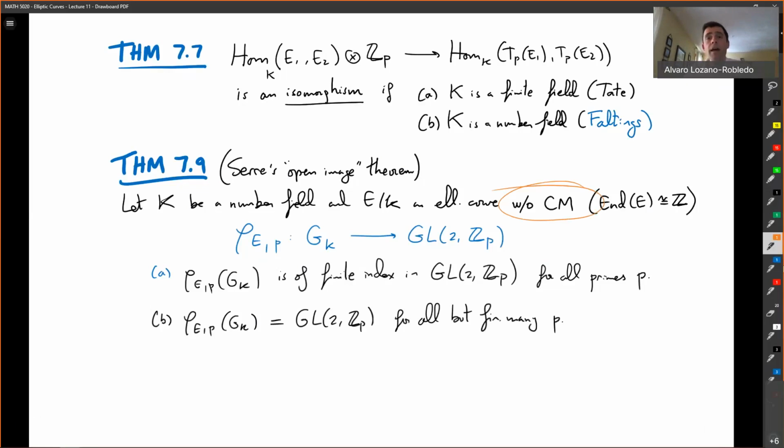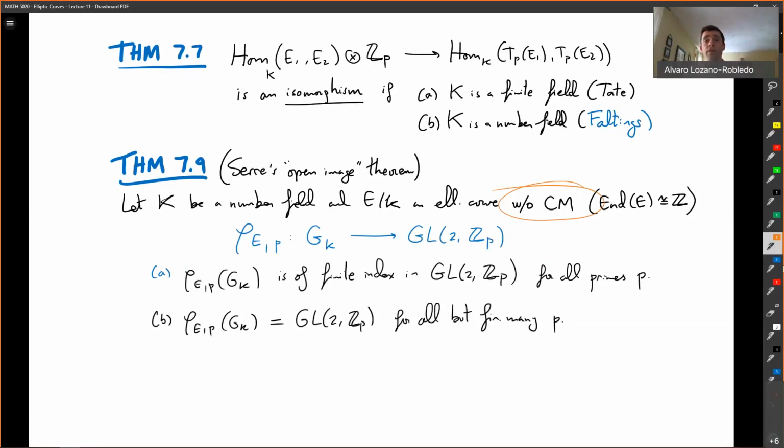In the case of CM, the image is actually quite different. I'm not going to write it down, but it's much smaller than GL2(Z_p). It is essentially dihedral, so it's almost abelian. There's a small extension of K where, if you go up that extension, you have an abelian image.